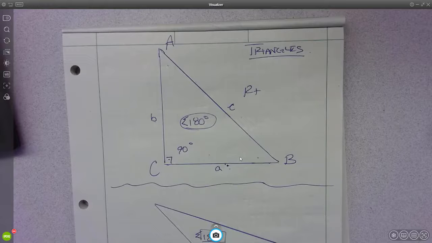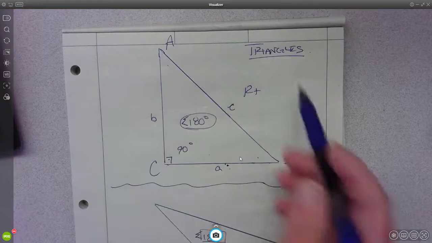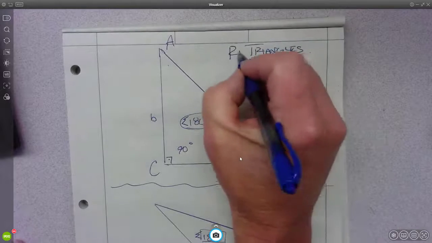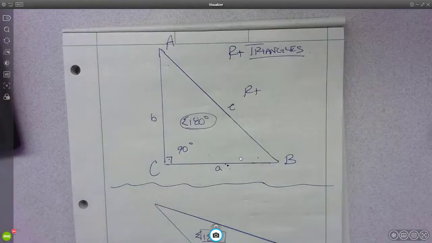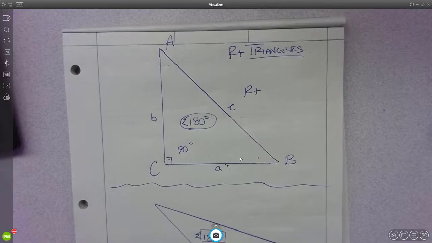Okay. What else? What applies to right triangles? We've said it a few times. You've said it. I've said it. SOHCAHTOA. Right? Sine, cosine, tangent. Those functions apply to right triangles.